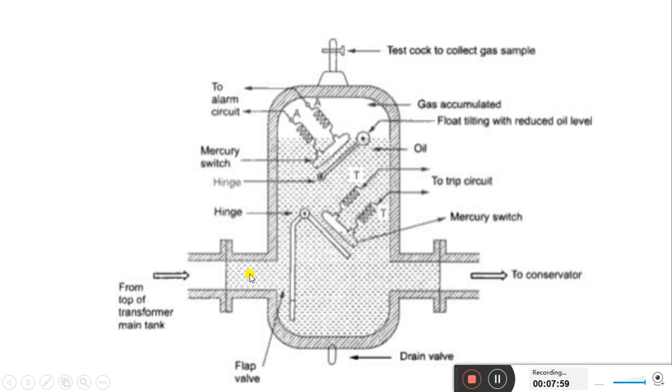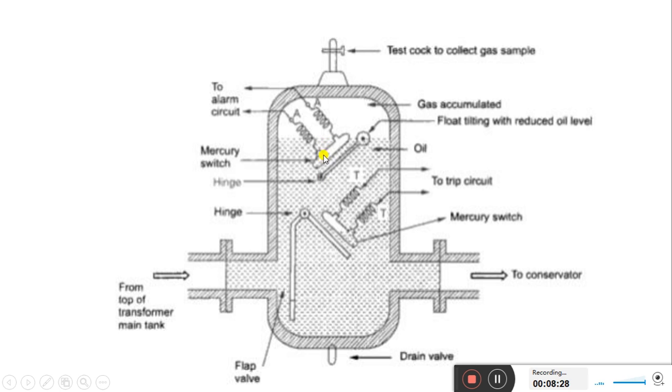Whenever the oil rushes towards this side forcefully or by pressure, then this gets operated, and the mercury switch contacts get closed. Similarly, when excess heat is generated and gases are formed, the gases rush towards the top level, and the oil level decreases.